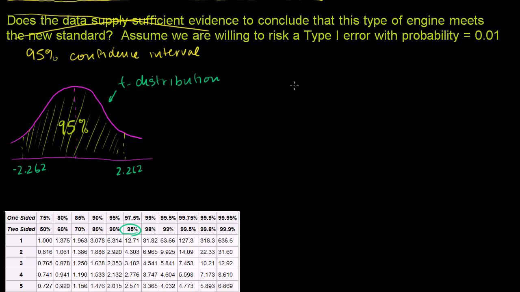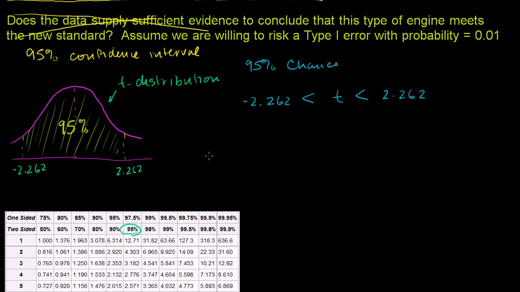If I take a random t statistic, there's a 95% chance that a random t statistic is going to be less than 2.262 and greater than negative 2.262.